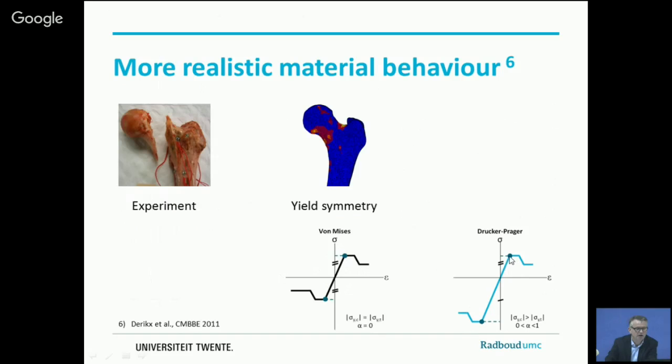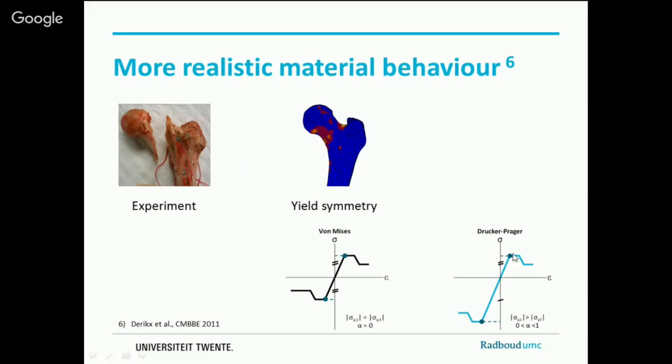And of course, I did not put any numbers here, like 10 megapascal, because it depends on the density of the bone. So this graph is scalable depending on the local density. For a trabecular element, it will be very weak, but for a compact bone element, it will be very strong. So the parameters used in this model will depend on the bone mineral density that we have in the model.